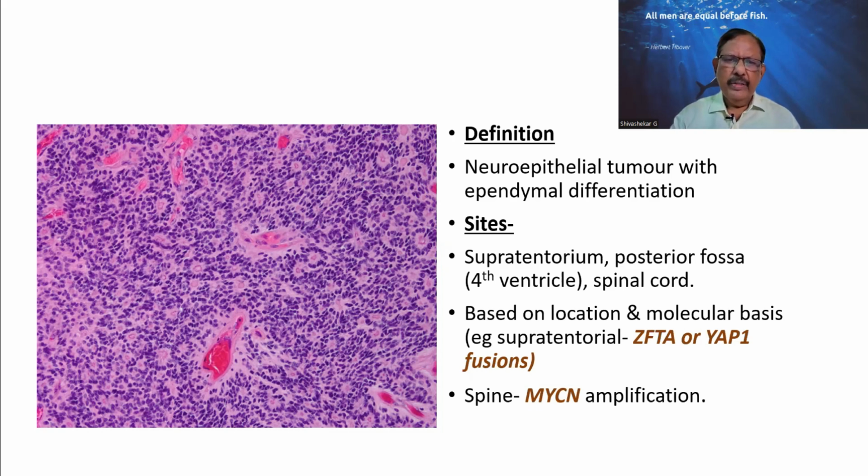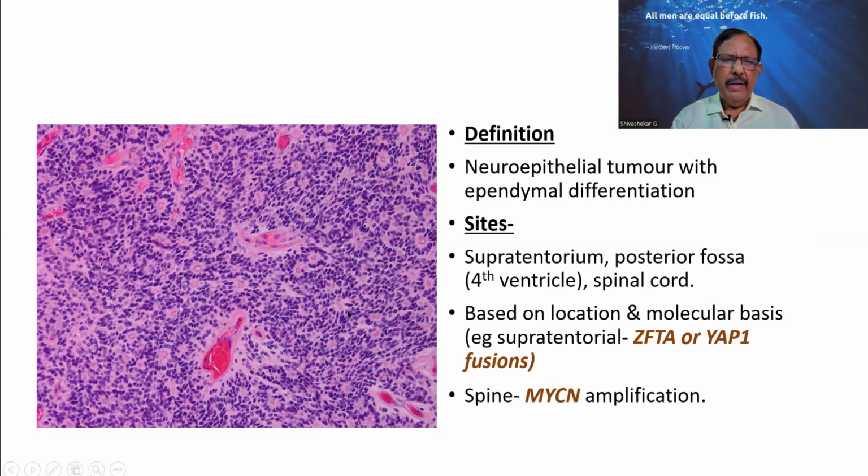Anyway, the sites for it can be the supratentorium, posterior fossa, or the fourth ventricle, and the spinal. Based on the location and the molecular basis, example, supratentorial, it can be because of ZFTA or YAP1 fusions. In the spine, it can be MYC-N amplification.